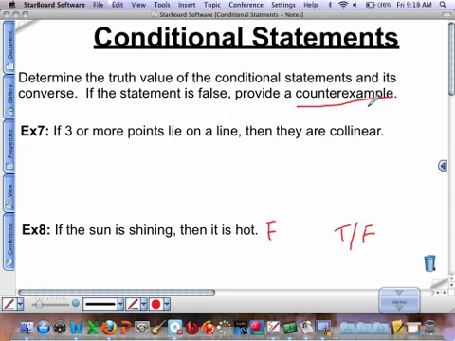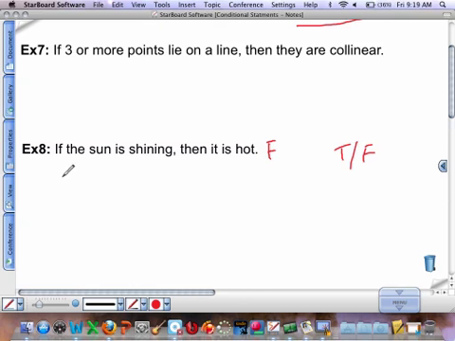How is that a false statement? Ashley? Like right now with winter, the sun can be shining and it can be below 6 outside. Yes, because the sun is still shining during winter. Perfect. There's your truth value. There's your counterexample. That makes sense? Okay. That's counterexamples.